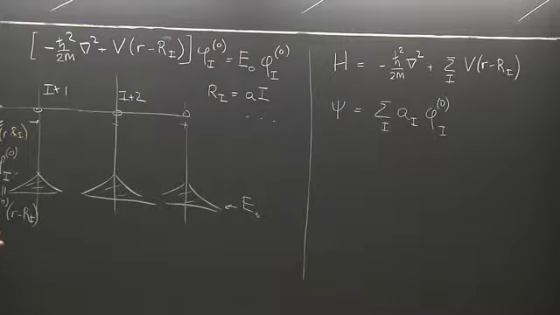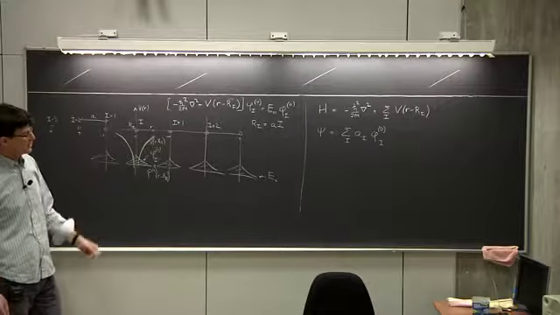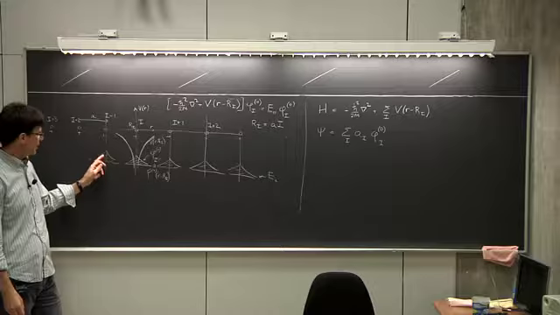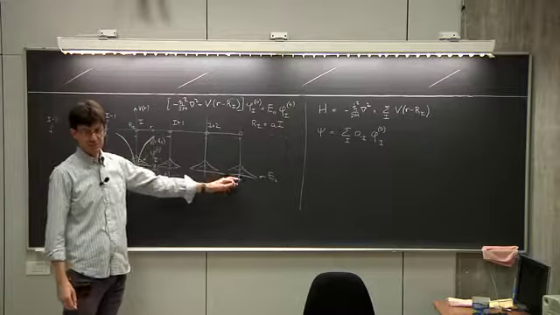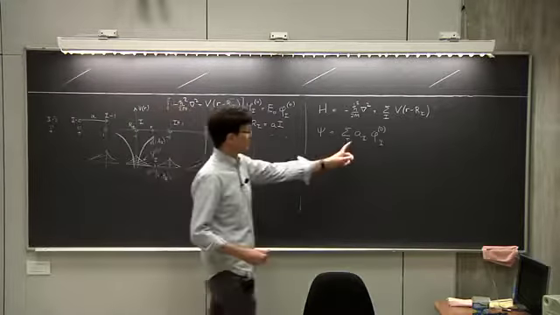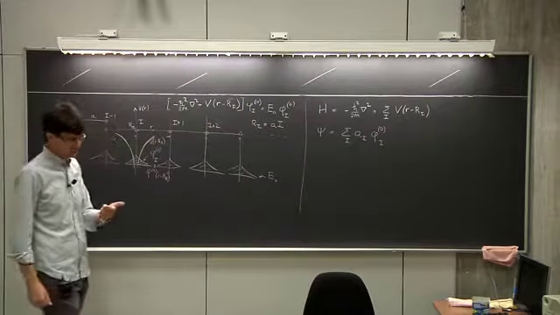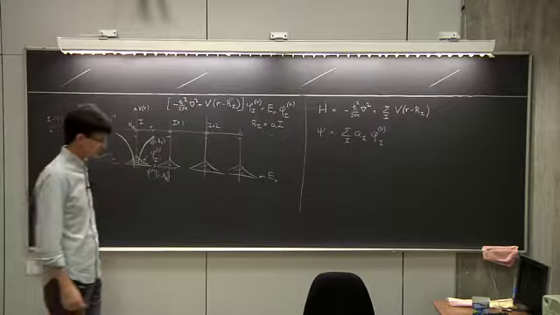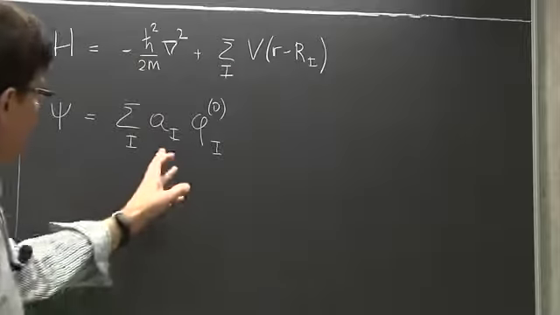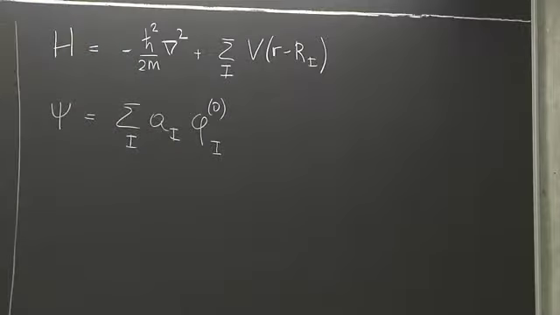Right? We're essentially trying to build a total wave function as a linear combination of this plus this plus this plus this plus this with coefficients to be determined. Last time we had only 2, A1 and A2. Now we have an infinite number of coefficients to determine, AI.